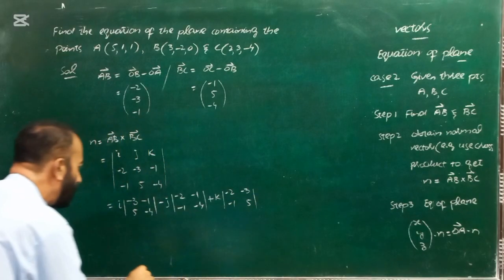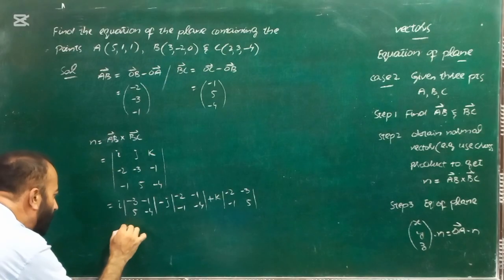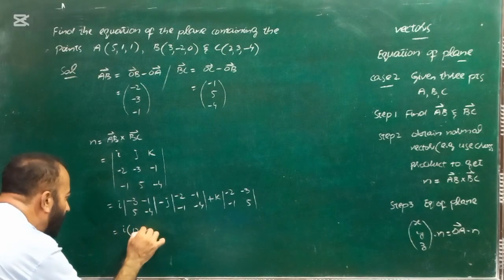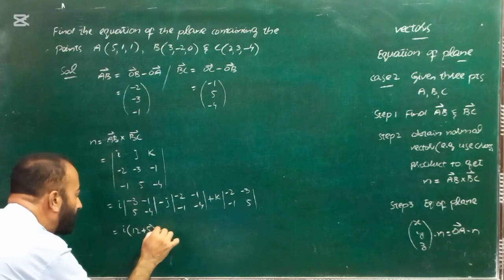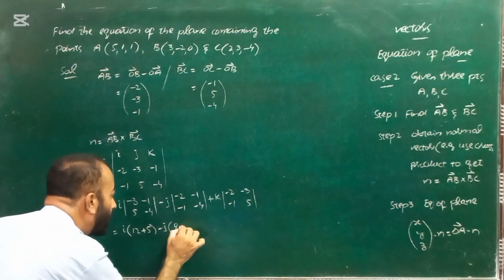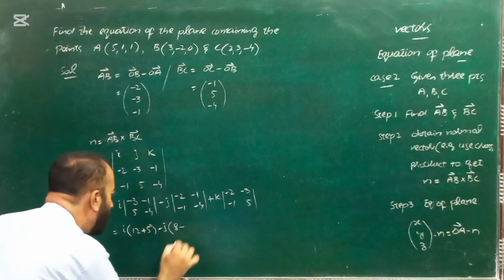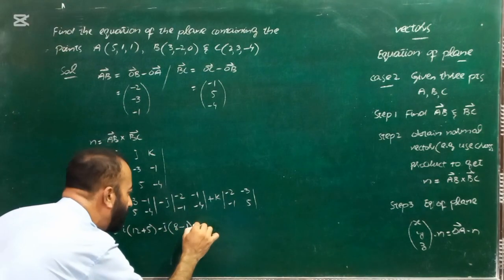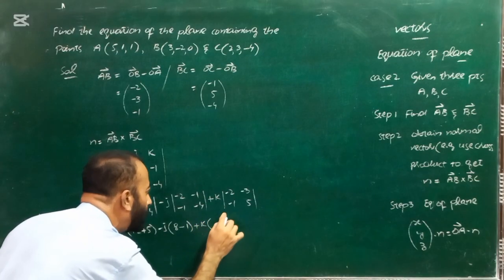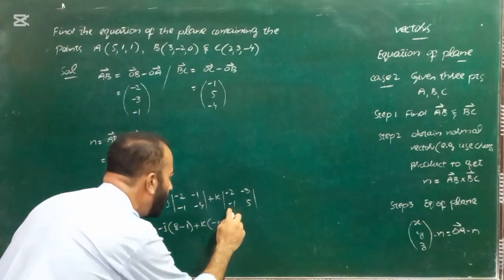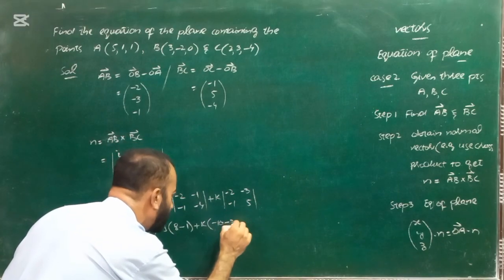So open the determinants as usual. So I into 12 plus 5, minus J into 8 minus 1, and plus K into minus 10 minus 3.